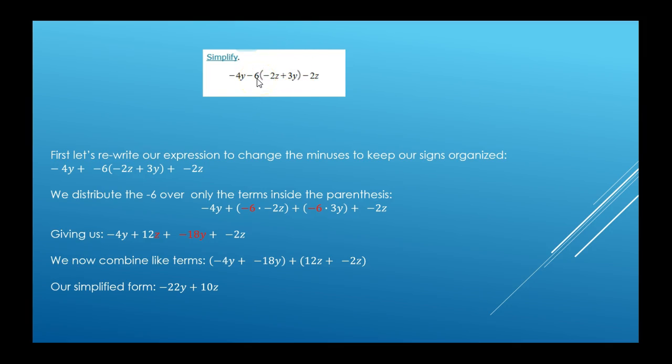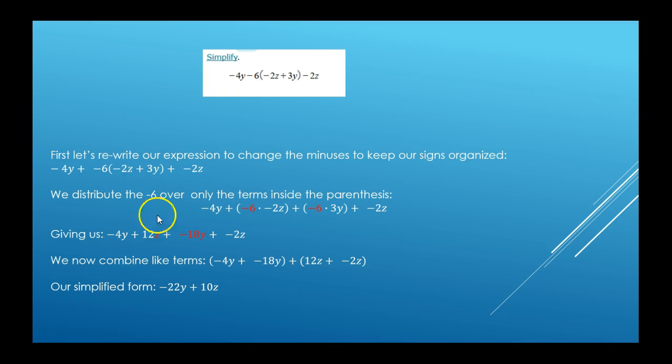So we do that multiplication first. So if you want to rewrite your minuses as plus negatives, we have -4y plus -6 over the -2z plus 3y plus -2z. So we distribute the -6 times the -2z and the -6 times the 3y, illustrated right here.